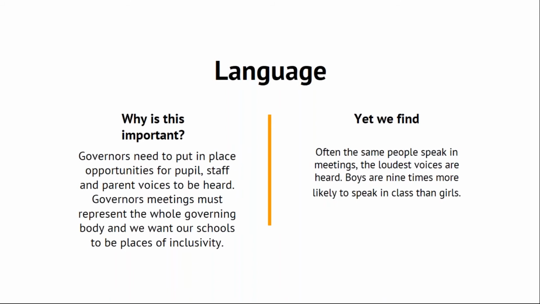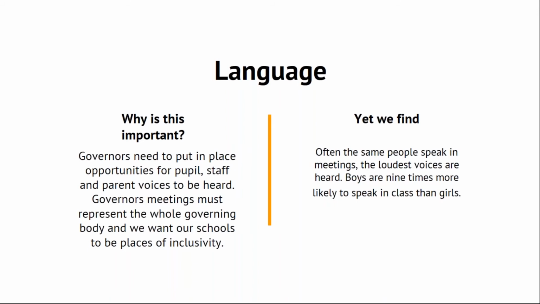And what are some of the challenges? Well, often we find that the same people are speaking in meetings, the loudest voices are heard. So we should think about how we can make governors' meetings really inclusive, but also look into the classroom.